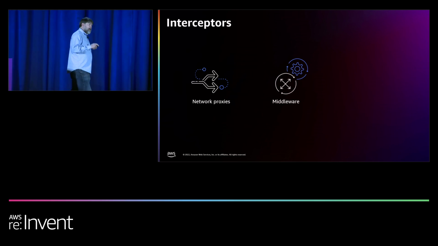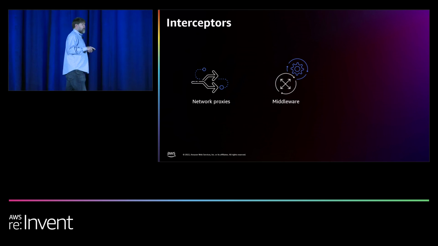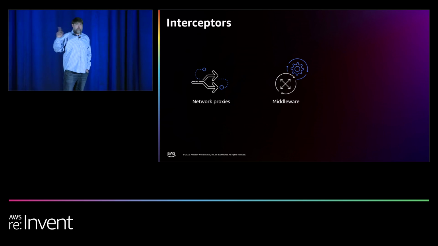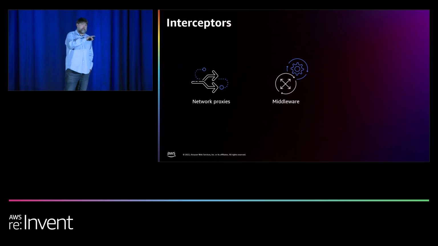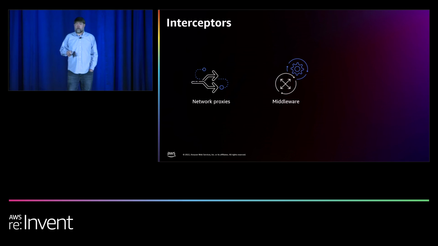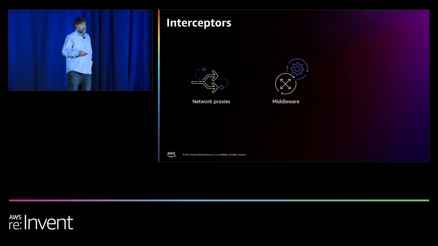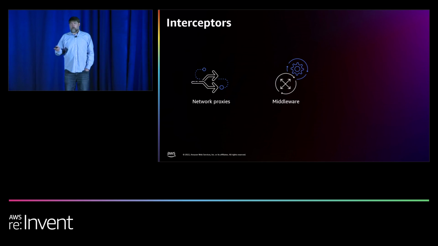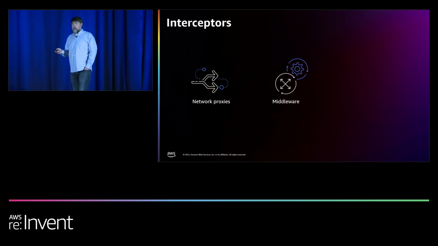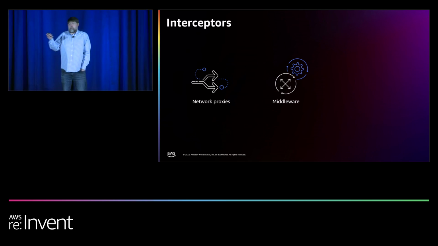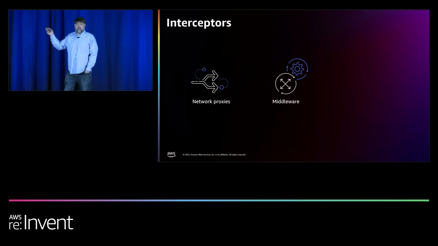So how do you get beyond that? Well, you can run the same concept of intercepting the request coming in and the response going out, but you can do it right next to your microservices code with some sort of what I'll generically call middleware. Now, all the major frameworks have some concept of middleware, whether it's Node Express or Go Chi or the Spring Framework or message handlers in .NET.